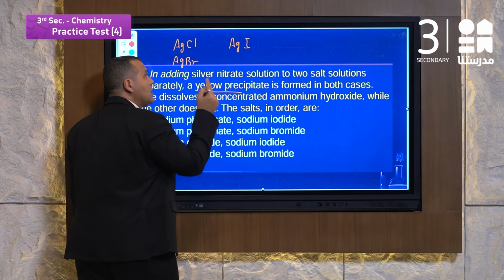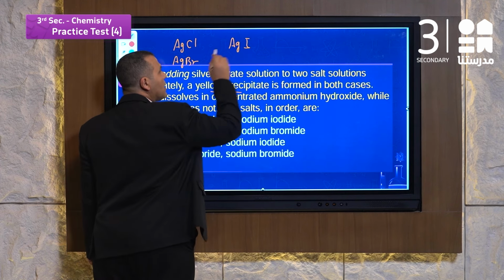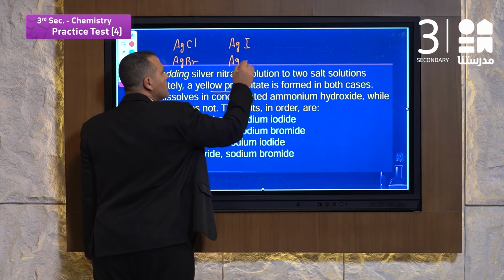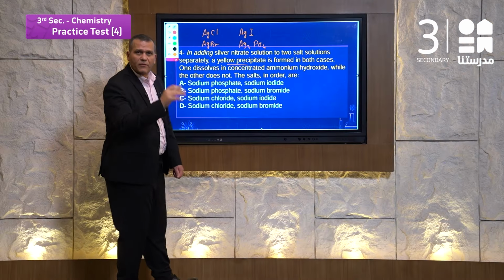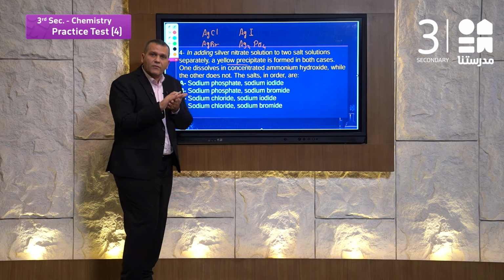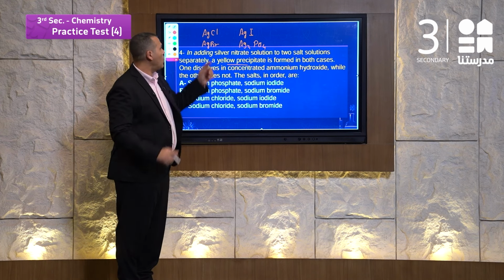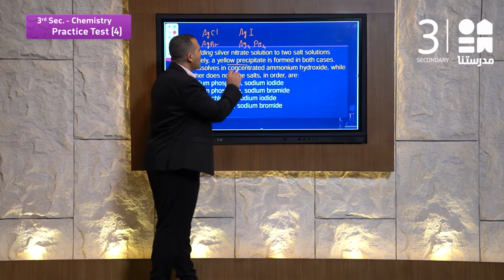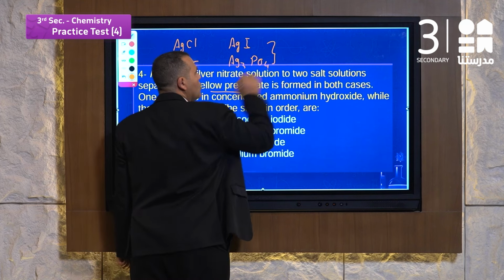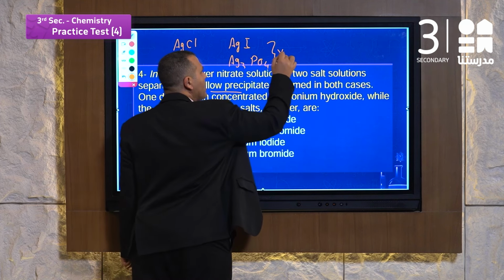Silver nitrate is also used to detect phosphate anion forming silver phosphate. وكلنا حافظين their colors. White, yellowish white, yellow, yellow.